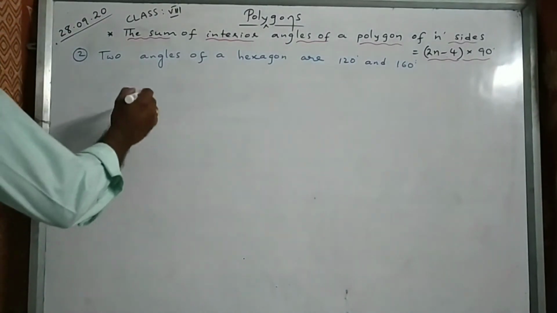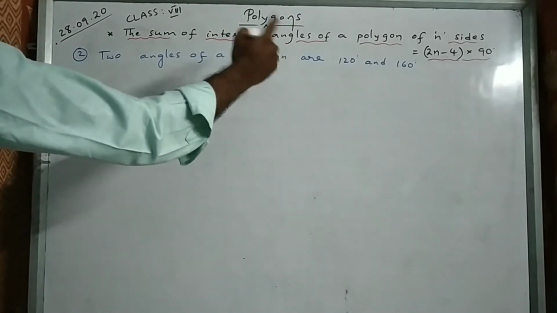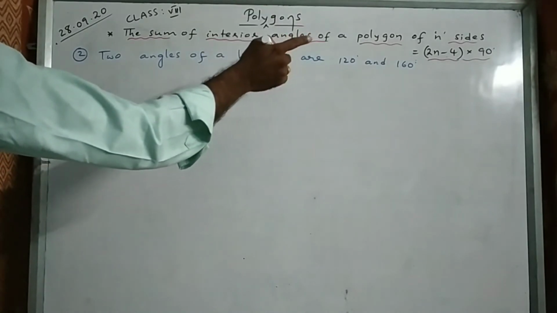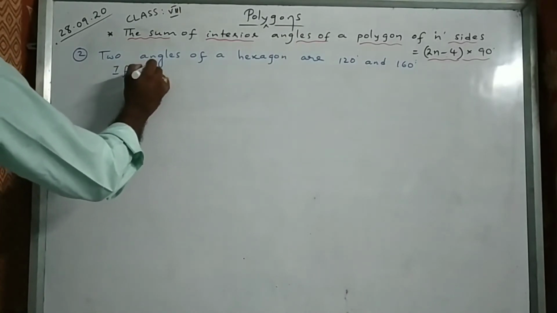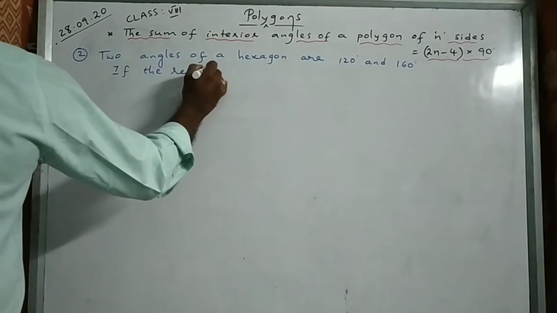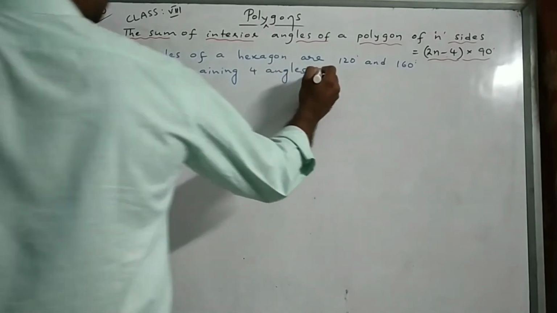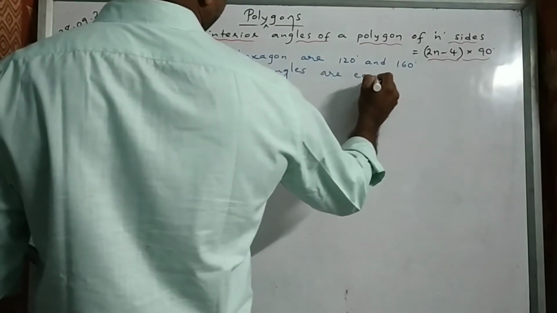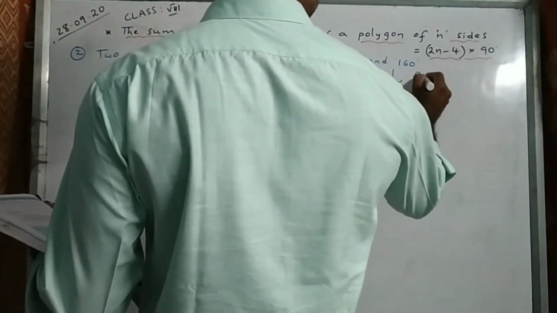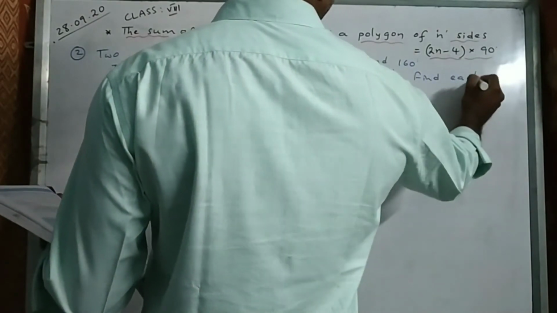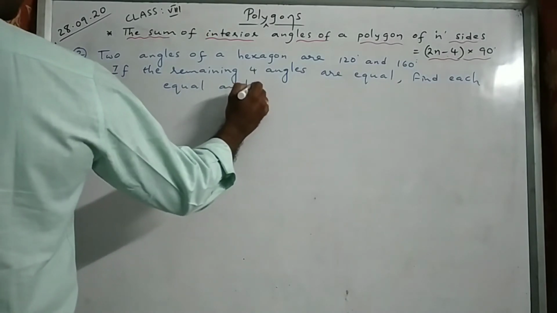If the remaining 4 angles are equal, find each equal angle. Hexagon means the number of sides is 6. 2 angles are given, 6 angles will be there.